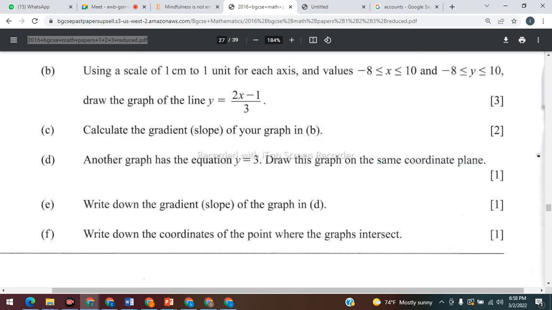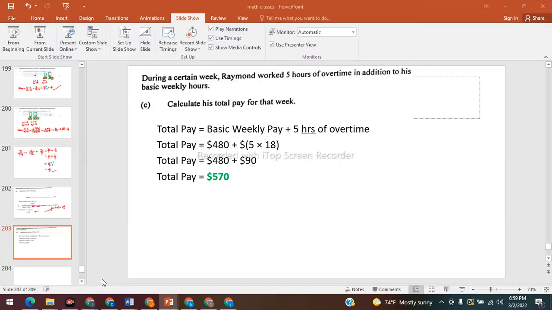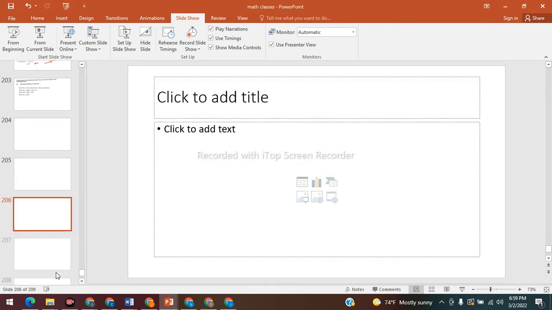So we have another graph we have to draw. It's y equals to 3. And they're saying draw this graph on the same coordinate plane. So first of all, when we see y is equal to 3, what does that mean?